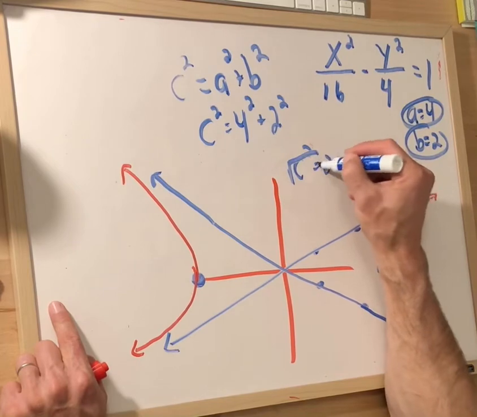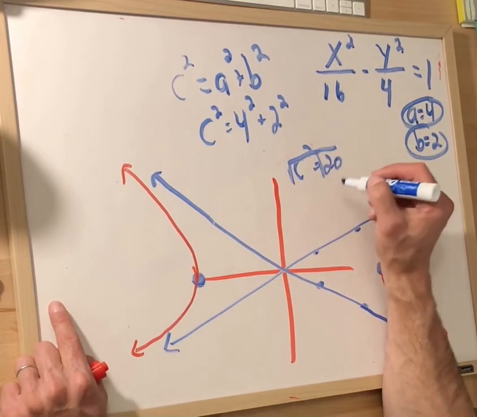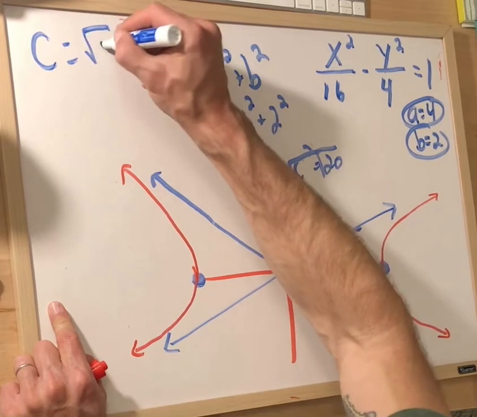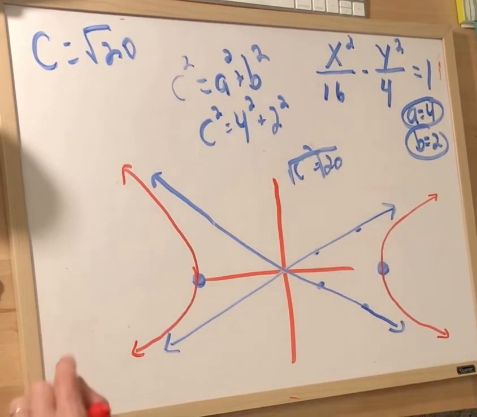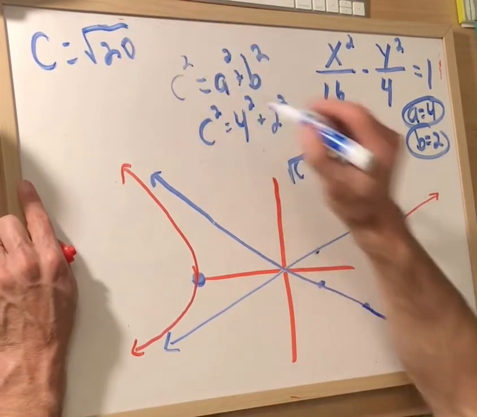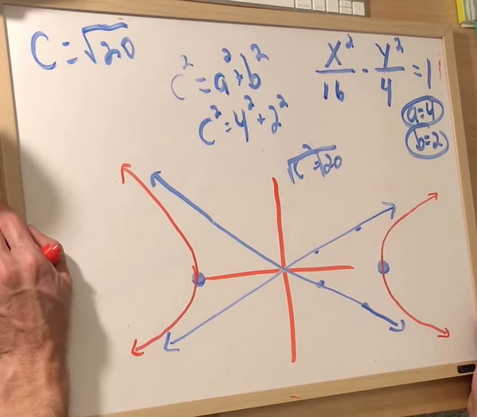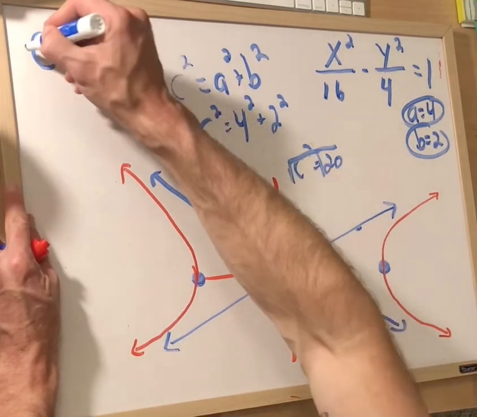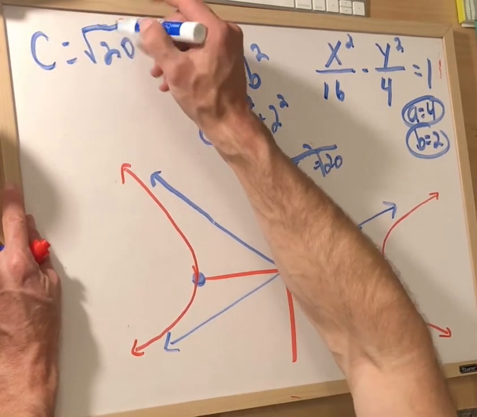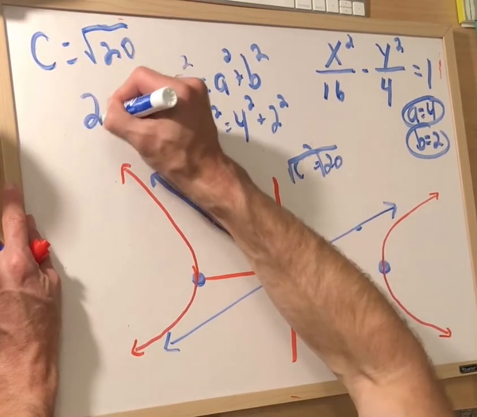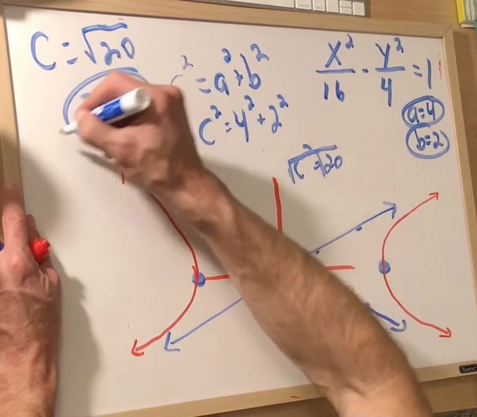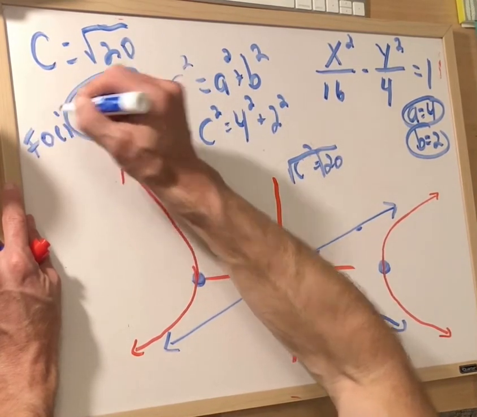And square root it, square root of 20, so you're going to get your C equal the square root of 20. Why is that important? Because the foci points are 2 times your C. So what is 2 times root 20? 2 root 20. That is your foci points.